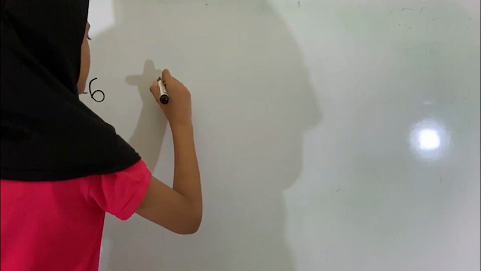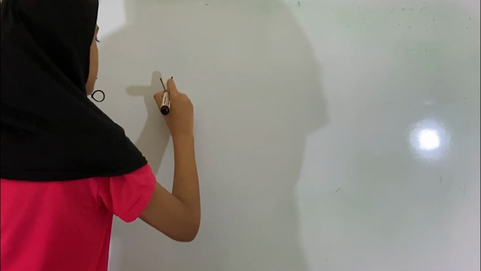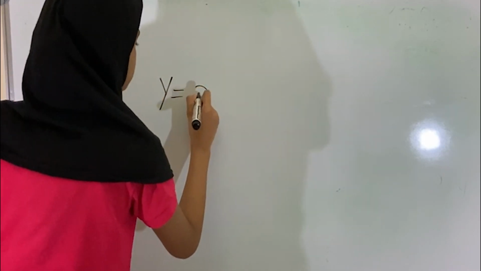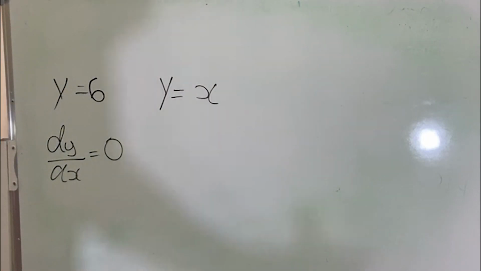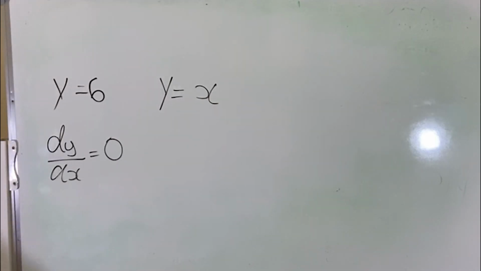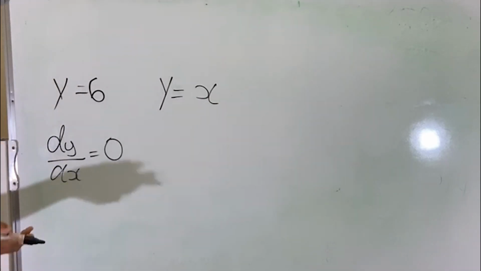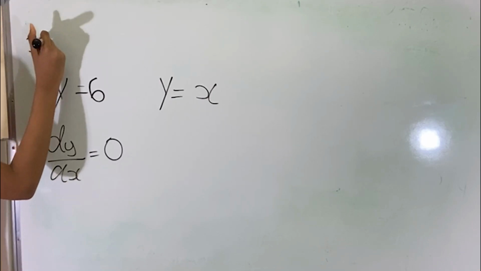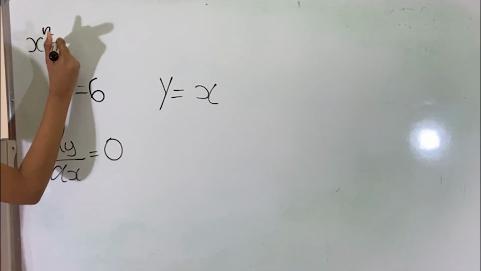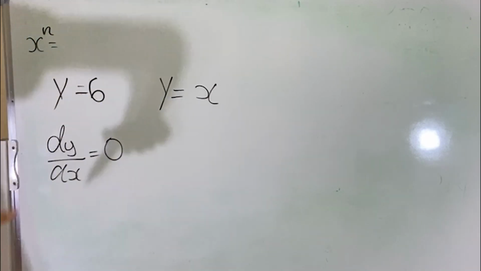Now, what about y is equal to x? To find the derivative of x, we need to understand the equation so that it's going to be a lot easier. x raised to n, where n is the number which is on top of x.